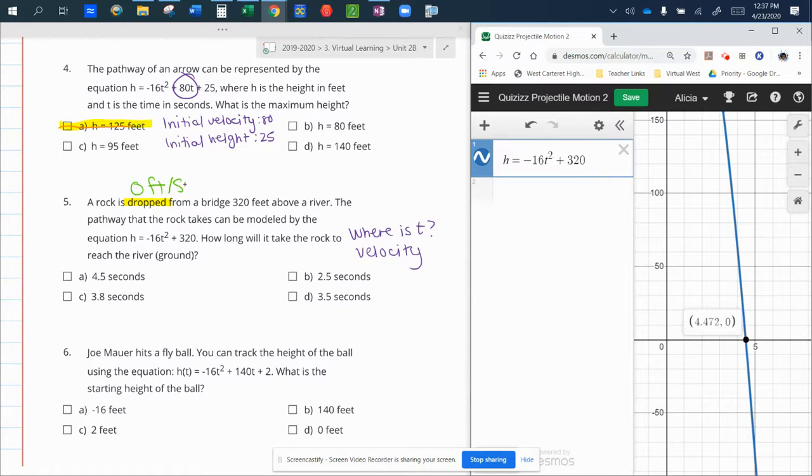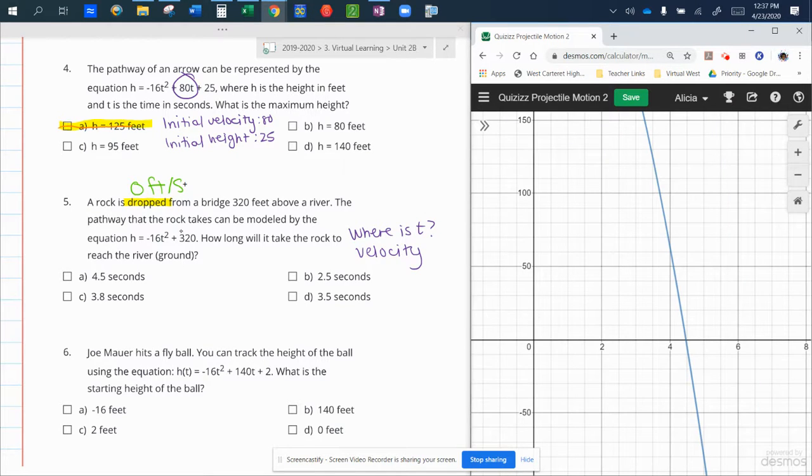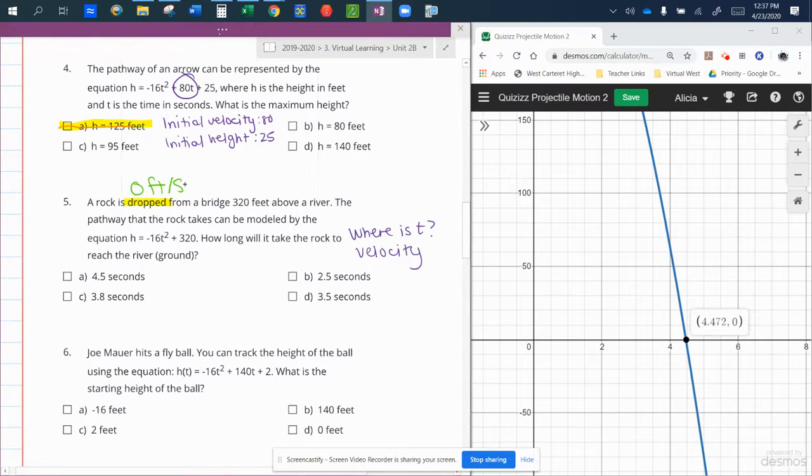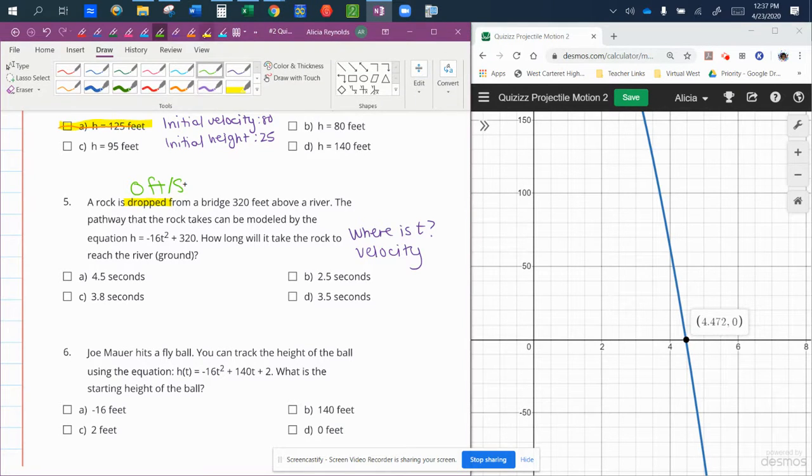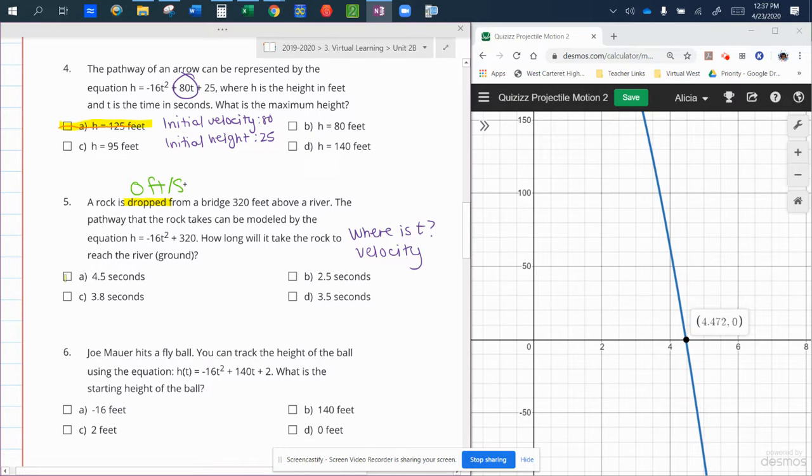I don't even really need to change the view of this window. All I need to see is that intercept right there, 4.472. And the closest answer we have to that, since this is a rounded answer, is 4.5 seconds.